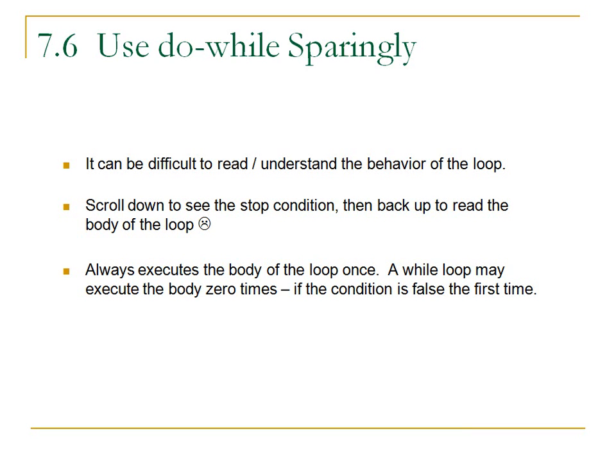So the difference between a pre-test and a post-test loop: a post-test loop, a do-while, always executes the body of the loop at least once. There's nothing at the top to stop it from going into the body of the loop. A while loop, on the other hand, might execute 0 times if the condition is false the very first time. So you do have places where a do-while loop is a good choice, but not very much.